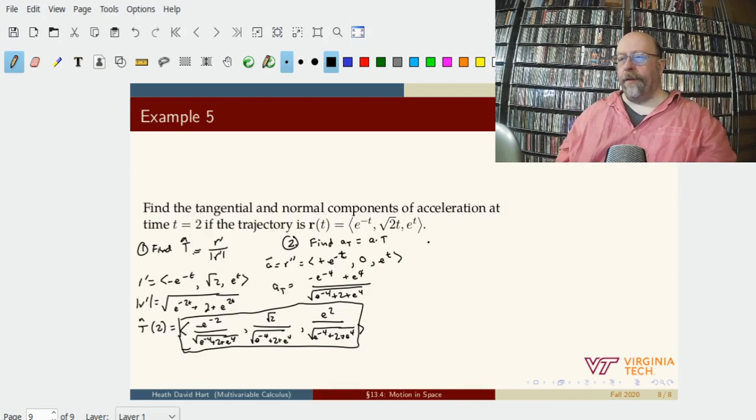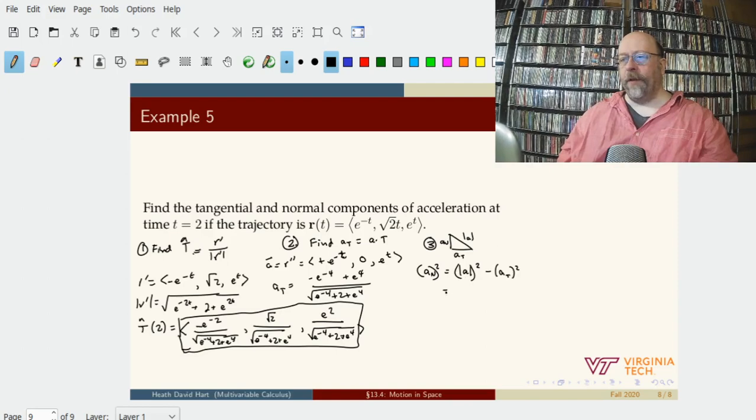All right. For the third step, we're going to use the Pythagorean theorem to find a_N. So a_N squared is equal to the magnitude of the acceleration squared minus a_T squared. The magnitude of the acceleration squared: when we take the magnitude, we would square this and then take the square root. But we're squaring it, so the square root goes away.